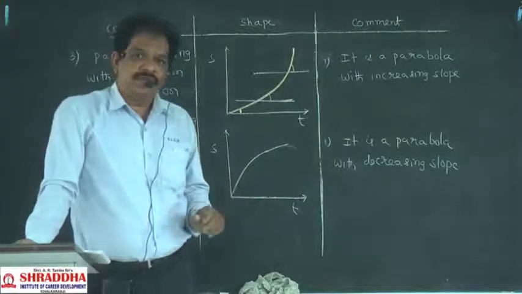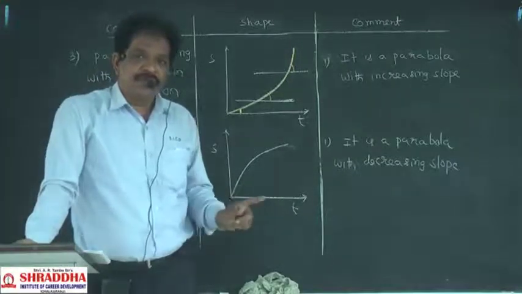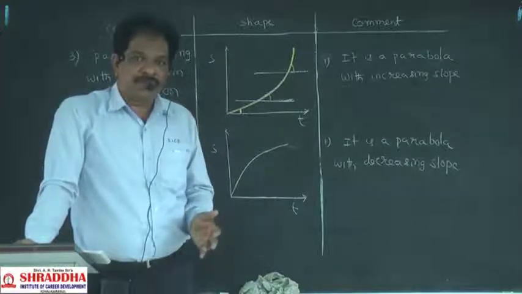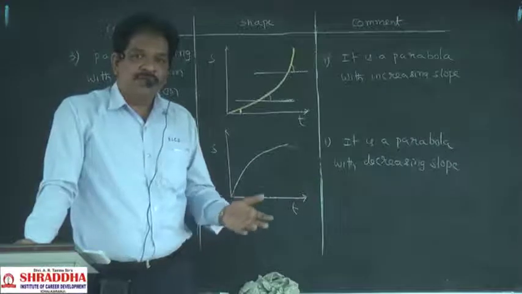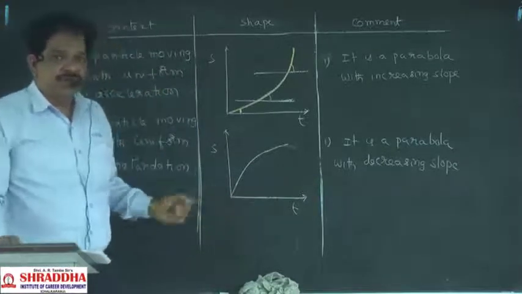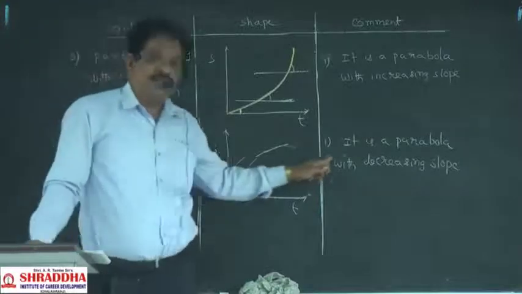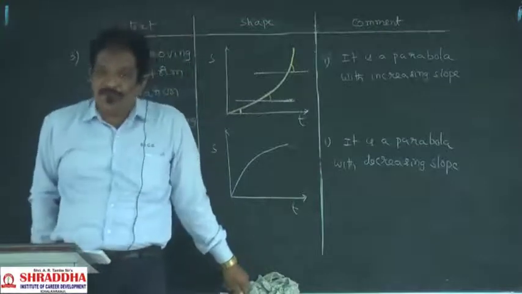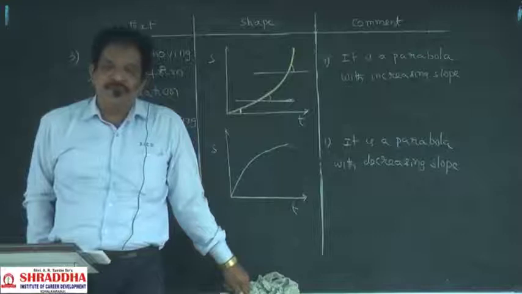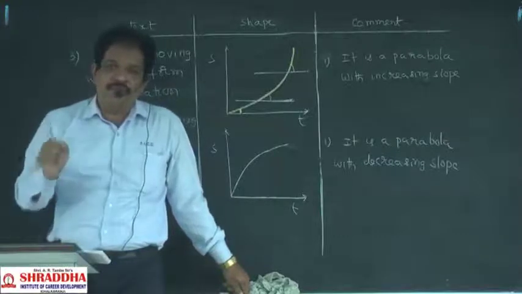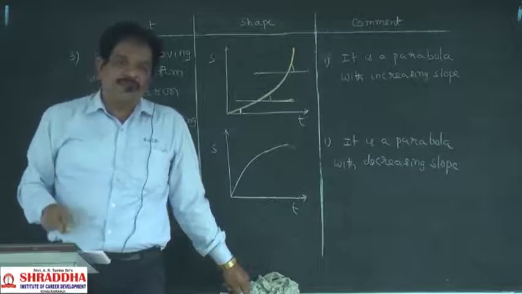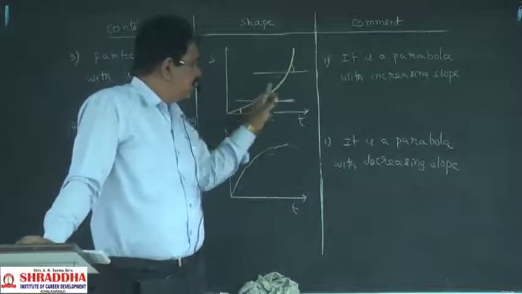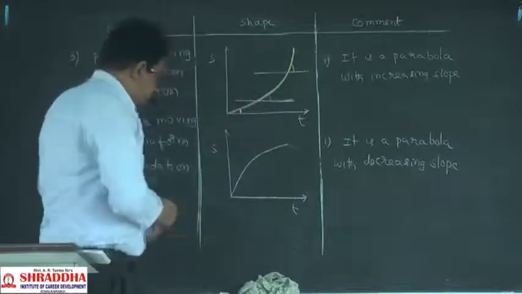What is the shape of the displacement time graph? Here, what will happen?